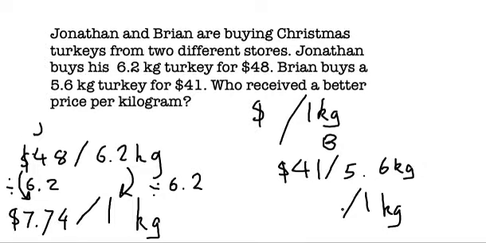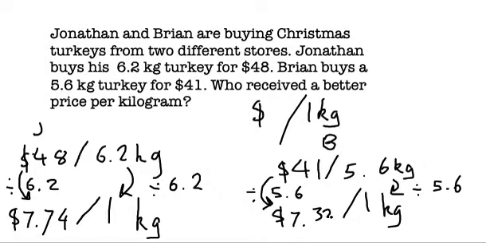So I am going to divide by, what do you guys reckon? 5.6? Yep. So I'm going to divide by 5.6 here. That means I've got to do the same thing on the other side to keep it consistent. So I also divide this side by 5.6. That's going to get me $7.32 if I round off.